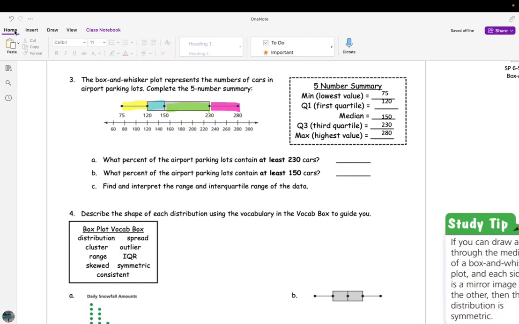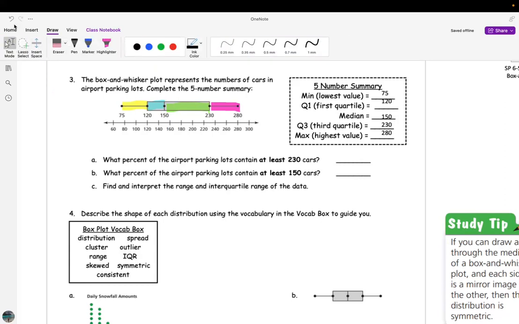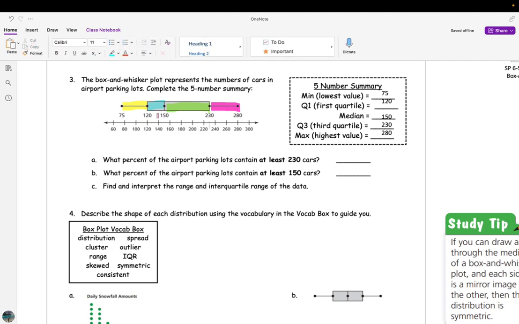And you might be saying, how is that even possible? And it's possible because sometimes the data is really clumped together and sometimes it's not. So the blue contains 25% of the numbers, but there's so many numbers there that the box is really tiny there.